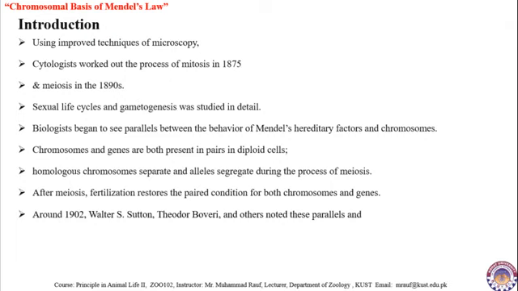Similarly, the ovum, the egg cell from the mother, also has an allele which determines the skin color. Now the alleles may be the same or they may be different from each other. So when the fertilization takes place, both the alleles are reunited with each other.